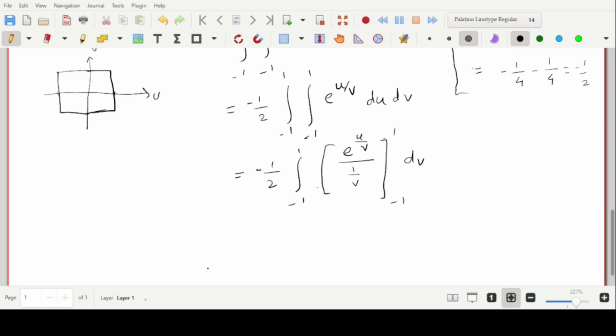Earlier, for a moment I was faced with the problem of integrating e to the power u over v with respect to v, but if not with respect to v, we can at least integrate with respect to u and come to this conclusion, and now see whether we can integrate with respect to v.